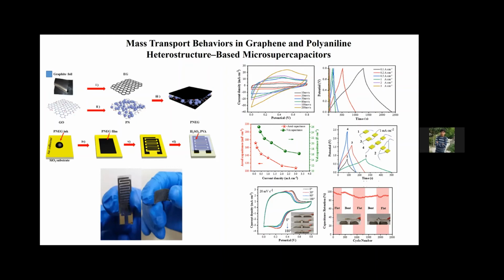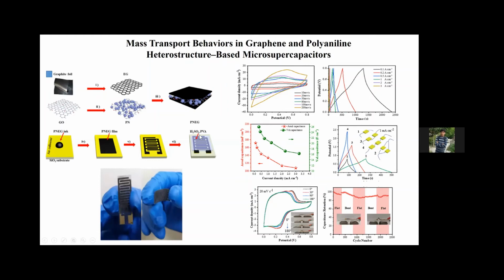First they deposit a current collector, and then the ink. After that, they make a thin film of the polyaniline and the graphene base, and after that they make a pattern to make the symmetrical planar devices, and then they use the PVA KOH.